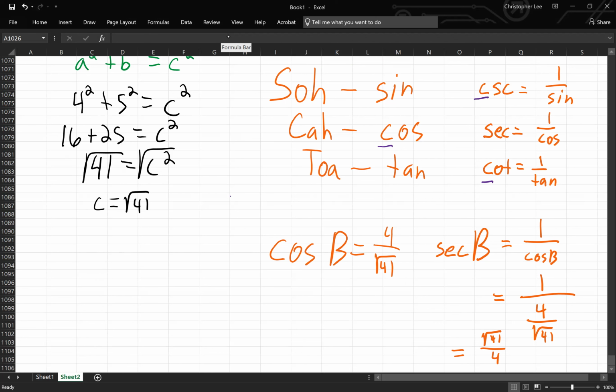So cosecant is not 1 over cosine, it's 1 over sine, and secant is 1 over cosine. That's a little thing that I came up with to help you remember that. And cotan is just 1 over tan. Everybody knows that.